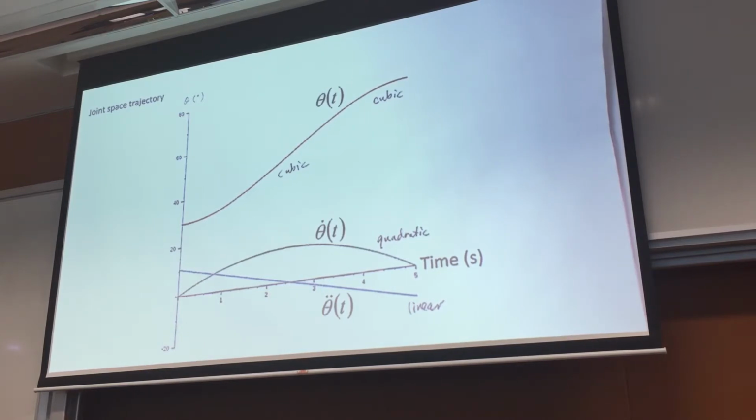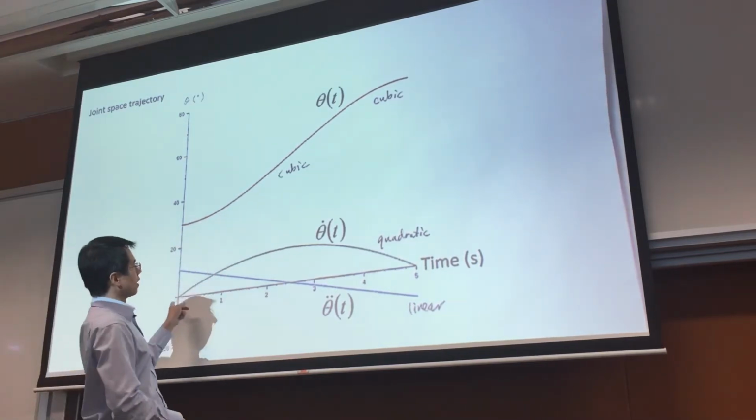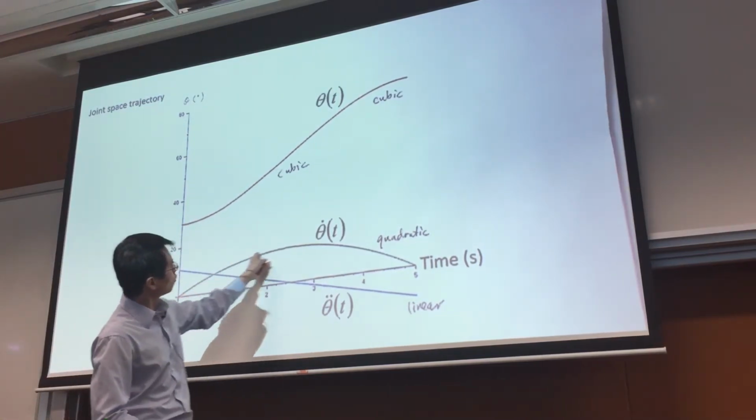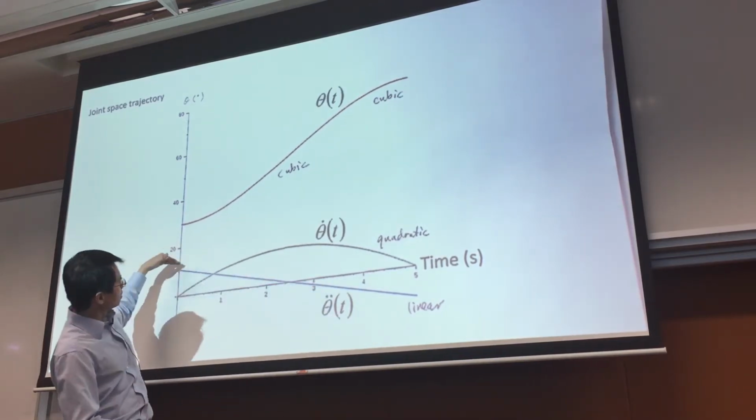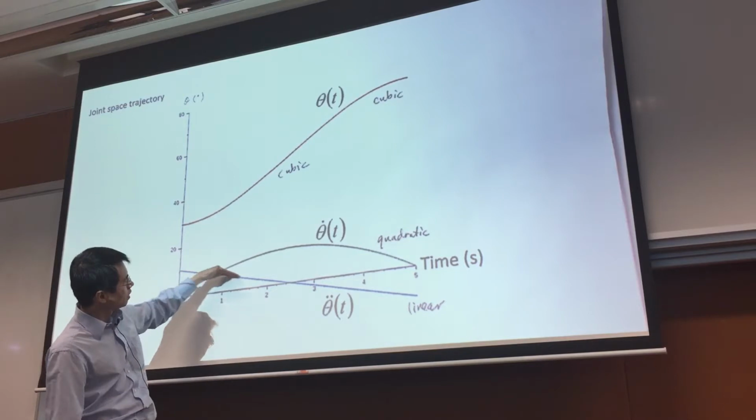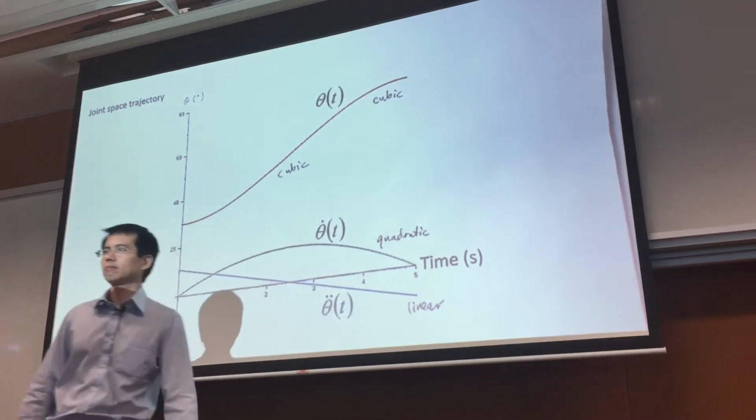It started off at 30 degrees and then it rotates to 75 degrees. So that position has this sort of line over here, and this line is a cubic line. As it moves across, it has a respective velocity profile that is a quadratic equation. And then its acceleration is a linear line.